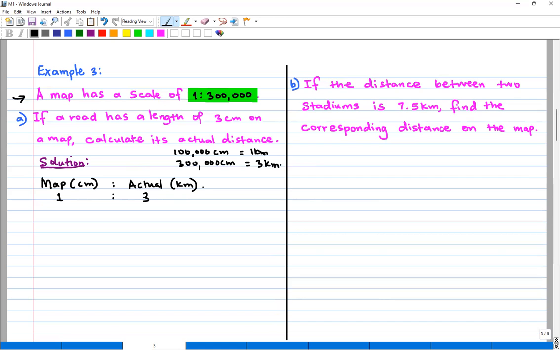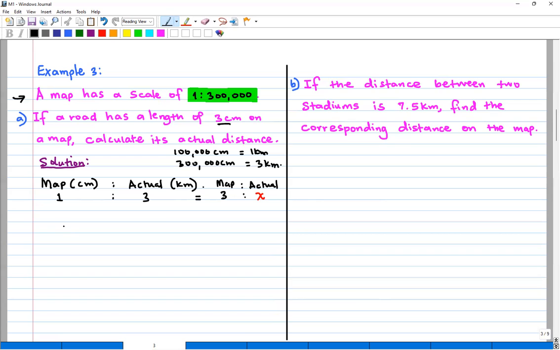Let's look for another ratio. On the map, we have 3 centimeters. The actual distance is what we are looking for. Let's call this actual distance X. Now, these are 2 equivalent ratios.